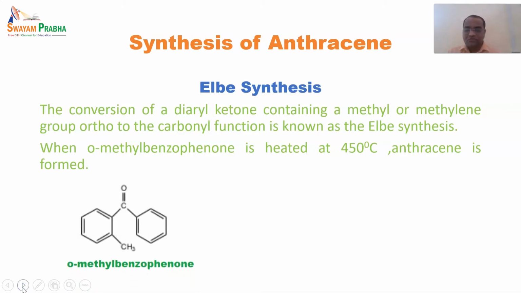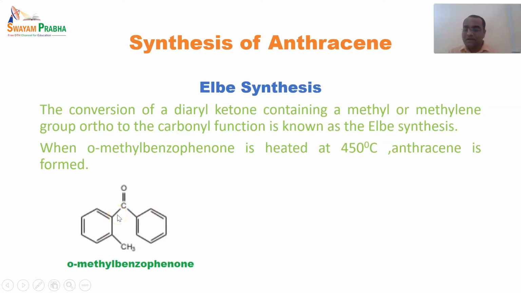So this is the structure of orthomethylbenzophenone. In benzophenone, one is a phenyl ring and the second one is a benzyl ring. Phenyl ring means it does not contain any carbon in front, it just has a bond for attachment.